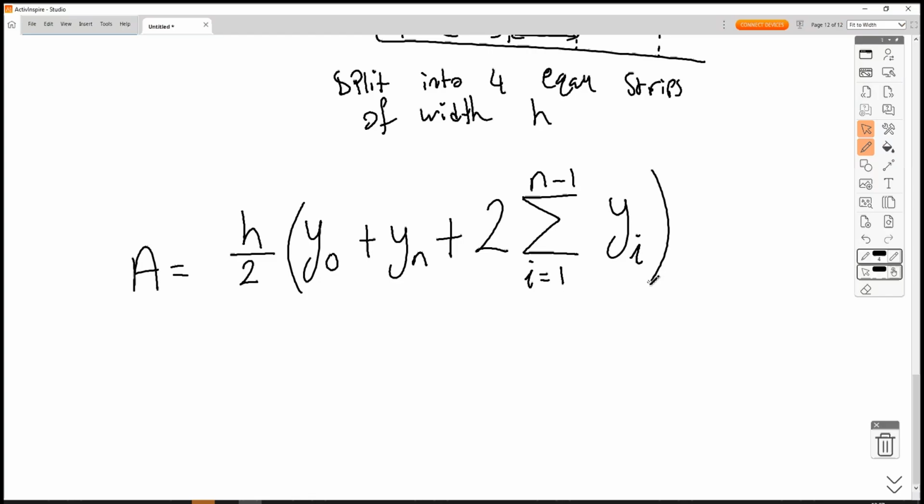So if we read this in the English language, it's your first value of y, your last value of y, plus 2 times the sum of everything in between. So in this case, it would be h over 2, bracket, y0 plus y4, because y4 was my last one, plus 2 times, bracket, y1 plus y2 plus y3, close bracket, close bracket.